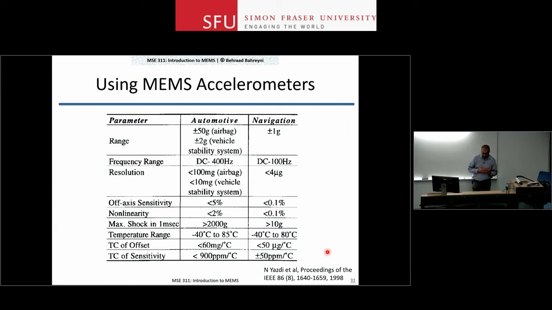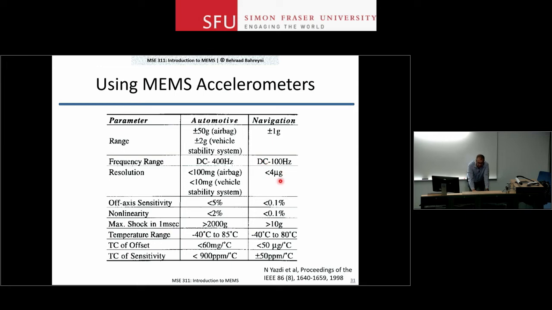Now, these are the typical requirements. This is a little bit old, about 20 years ago, from a special issue of the Proceedings of the IEEE. But the characterization and the division that it made still holds. When you look at accelerometer performance metrics, you can have navigation-grade devices, automotive-grade devices, and even other classes. You can see that there could be a significant variation in the performance that is needed.